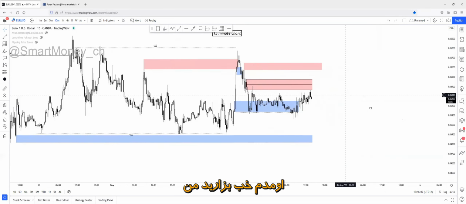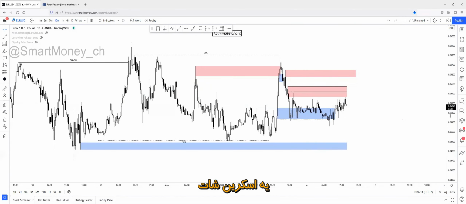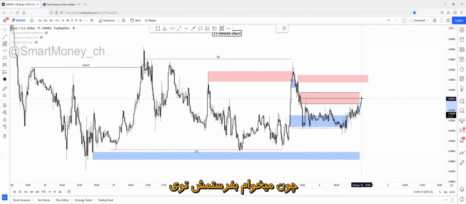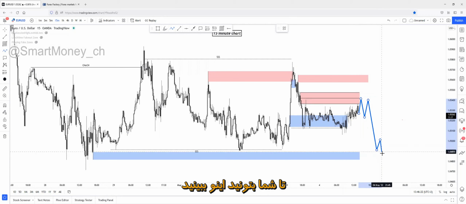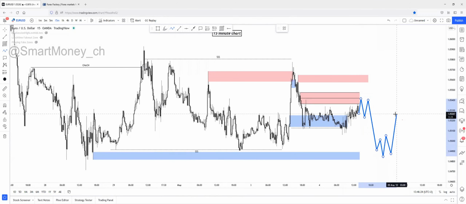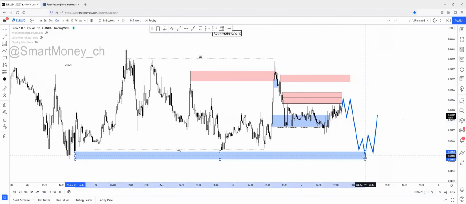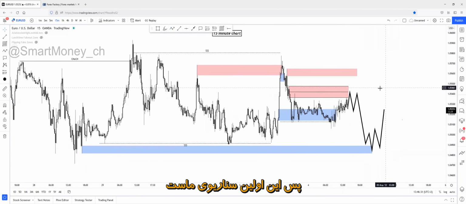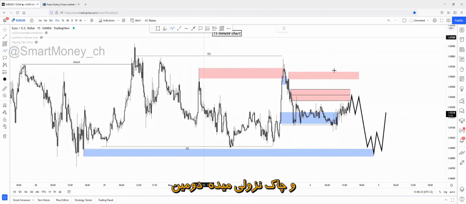Okay, here I am. Let me just take a screenshot of this with arrow movements, because I will send this to the markup update channel, so you'll be able to see this. So this is the first scenario, when price taps this supply zone, creates a change of character to the downside.